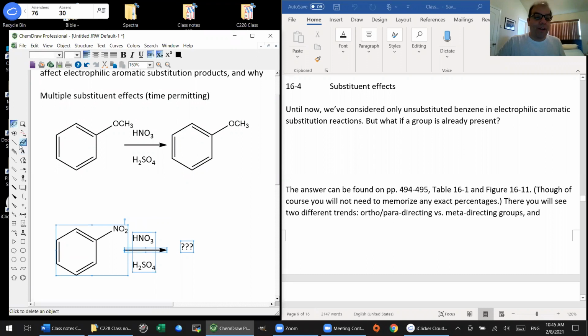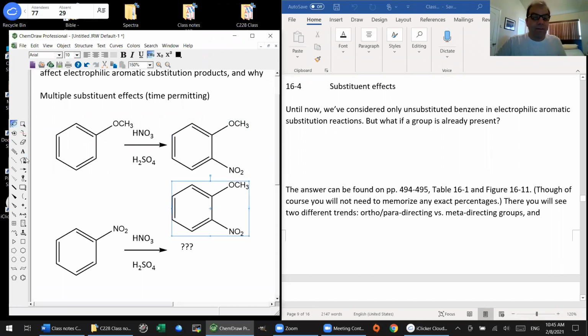So one of the products is going to have the nitro group be ortho to the pre-existing methoxy group. Of course, you could also put it up here. It's the same thing, right? The molecule's flat. You're just flipping it over. It's the same thing. And the other product will have the nitro group para to the pre-existing methoxy group.